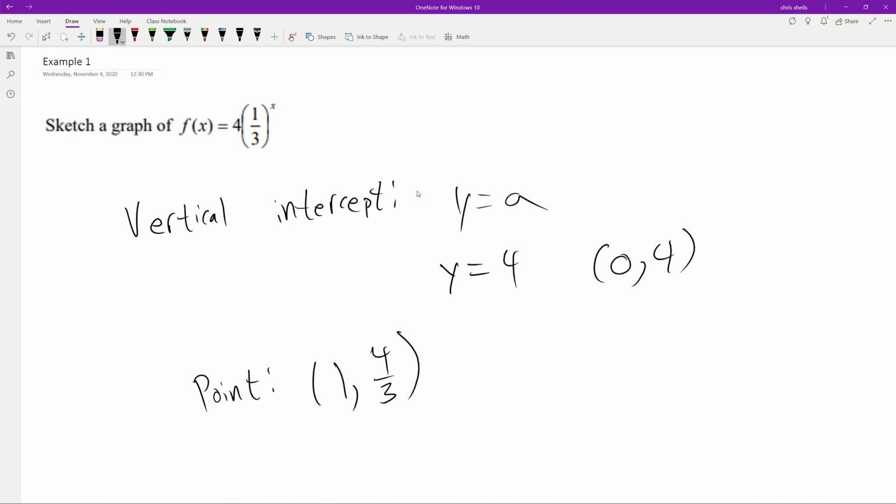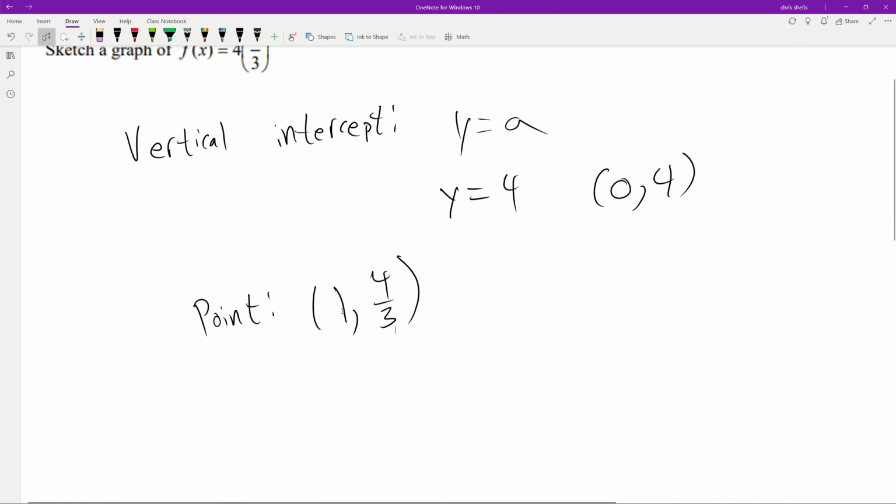So if I wanted a second point to use to sketch this graph, for instance, then I can just plug in 1, and I'll always get whatever a times b is. In this case, a times b is 4/3 as my y value. So I always get the point (1, ab).